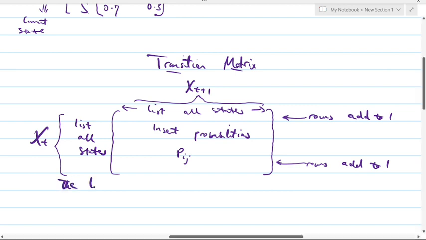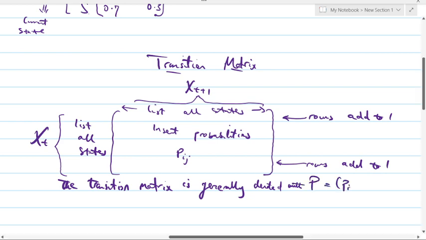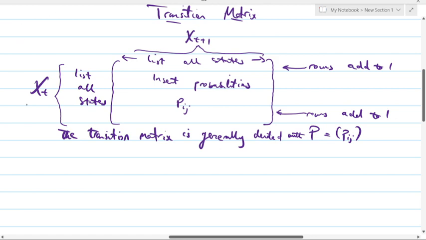So the transition matrix is generally denoted by P, with the notation P subscript ij. Let's write some basic characteristics of this transition matrix.